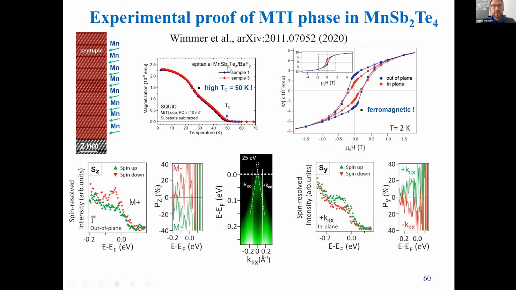So there is an experimental confirmation of the magnetic topological insulator case. I do not say ferromagnetic or antiferromagnetic. It is magnetic because it seems that both antiferromagnetic and ferromagnetic couplings are present. Ferromagnetic couplings seem to be dominating.